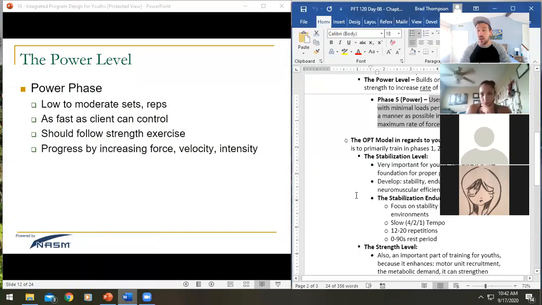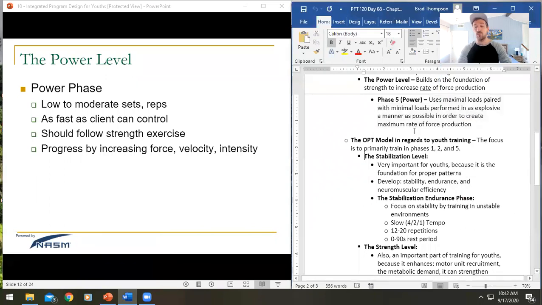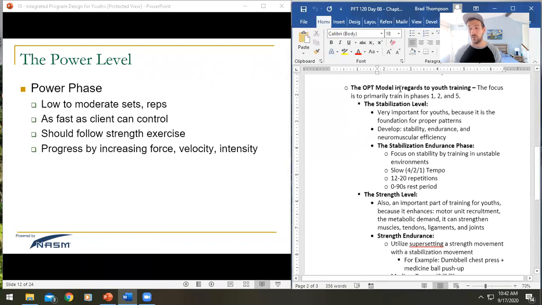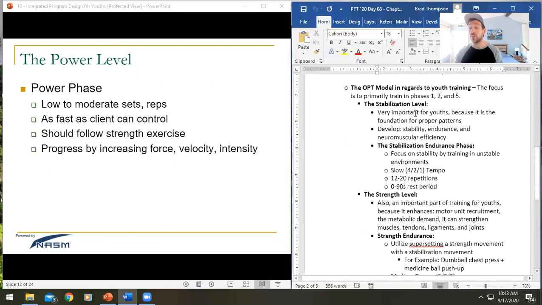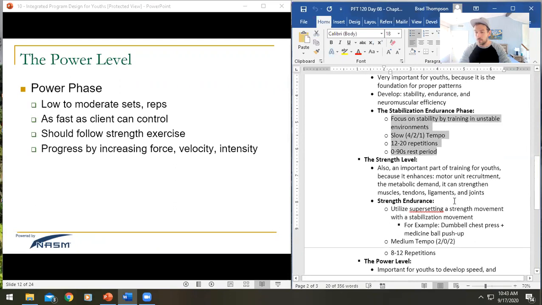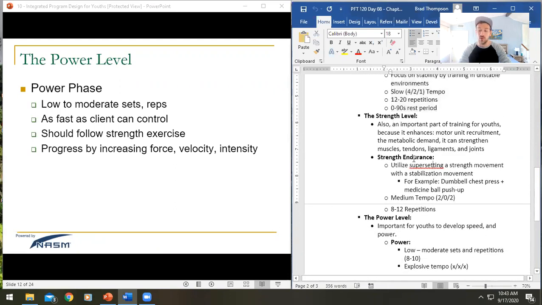They're there. All right, so AOPT model in regards to youth, we have some changes here that we are going to make. Stabilization level, really, we're primarily focusing on phases 1, 2, and 5. Stabilization, super important still, right? Stability, endurance, and neuromuscular efficiency. All of that is the same. Strength level, we're mostly focusing on supersets, right?